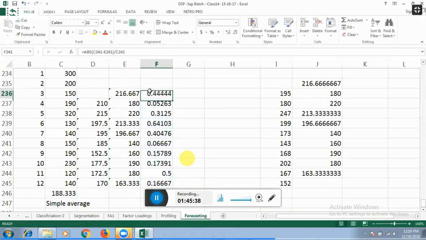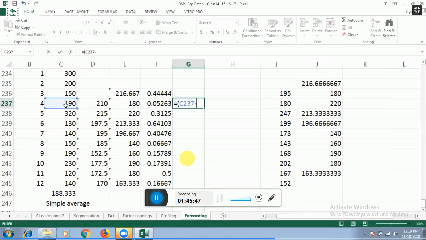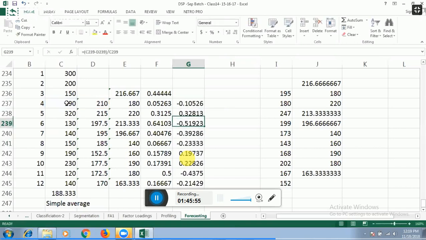The same thing I can also do for moving average 4. So which one is giving less error?